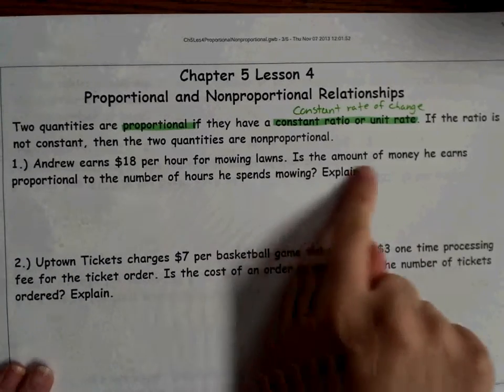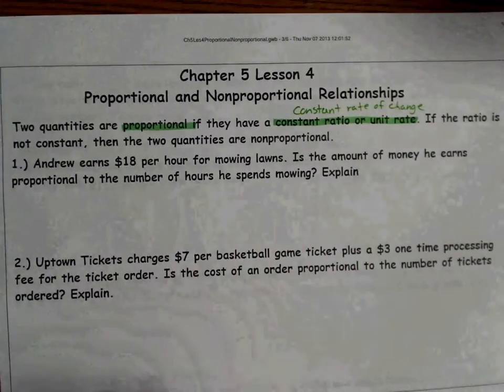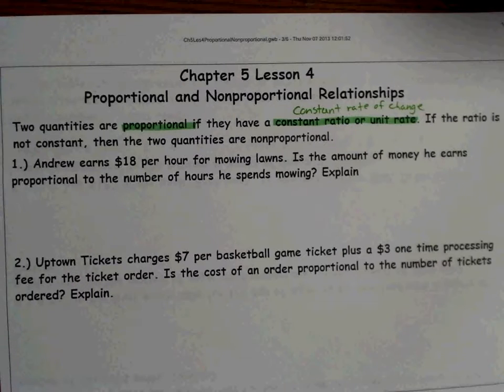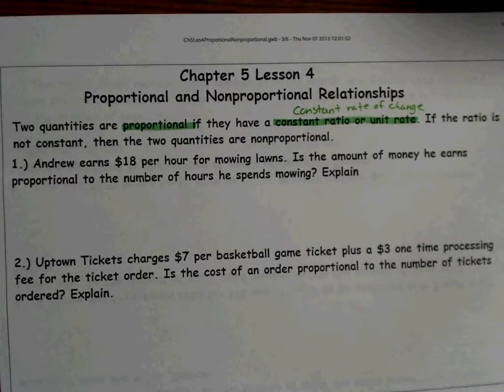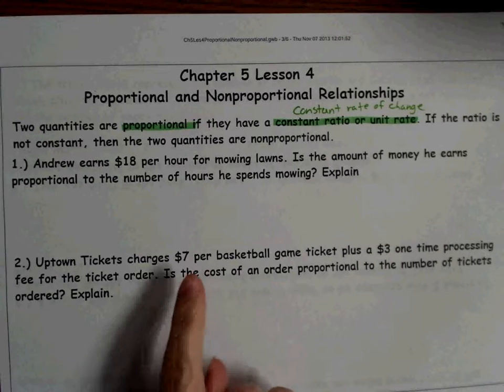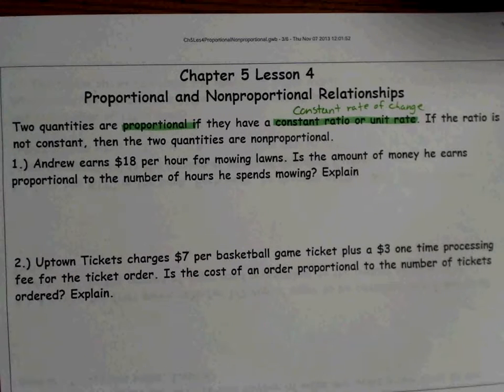So when we're setting something like this up, what we're trying to do is create a situation or a scenario or table to identify if we have a constant rate of change or not. So given this first situation, it says Andrew earns $18 per hour mowing his lawns.